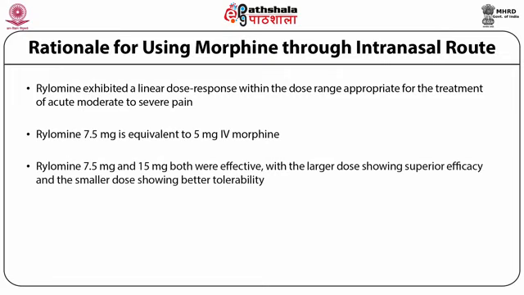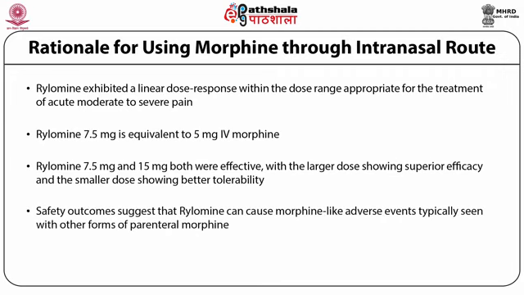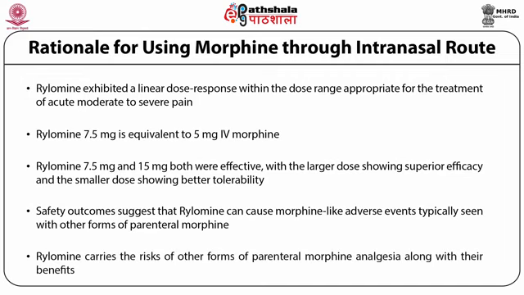Rylomine 7.5 mg and 15 mg were both effective, with the larger dose showing superior efficacy and the smaller dose showing better tolerability. Safety outcomes suggest that Rylomine can cause morphine-like adverse events typically seen with other forms of parenteral morphine. Rylomine carries the risk of other forms of parenteral morphine analgesia along with their benefits.